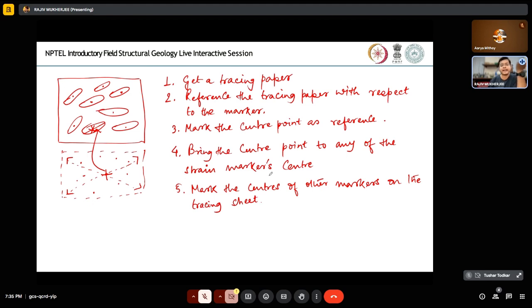Right. So you will eventually get some points. Now the thing is to reiterate this process for all of these markers.